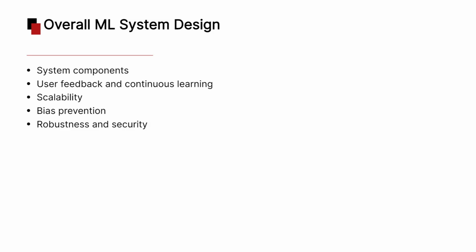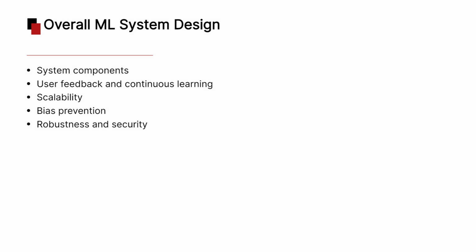When we reach the overall system design phase for a GenAI system, we're looking beyond just the model to consider how the entire ecosystem works together in production. First, system components. We start by identifying all key building blocks, from data ingestion pipelines, feature stores, and model-serving infrastructure, to APIs, UI layers, and monitoring dashboards.